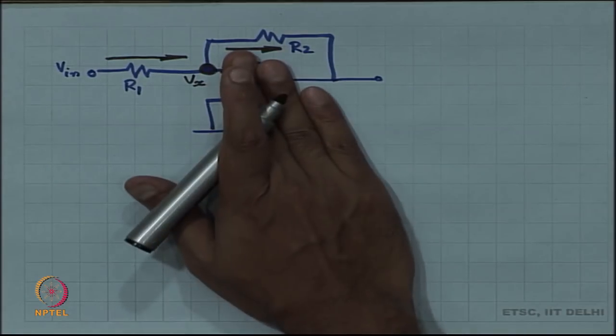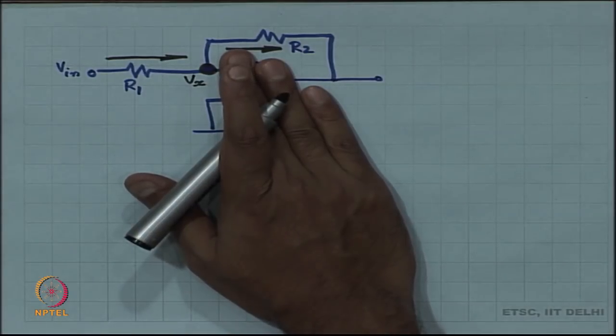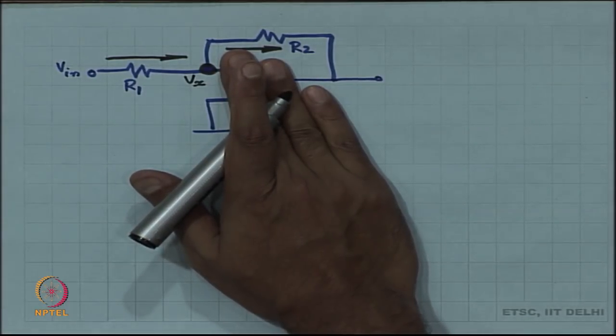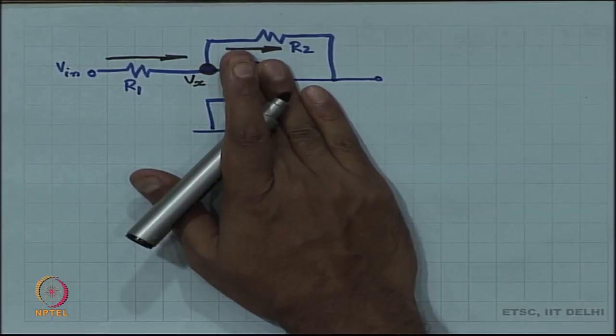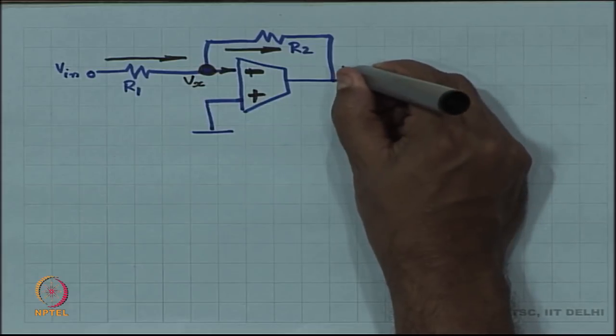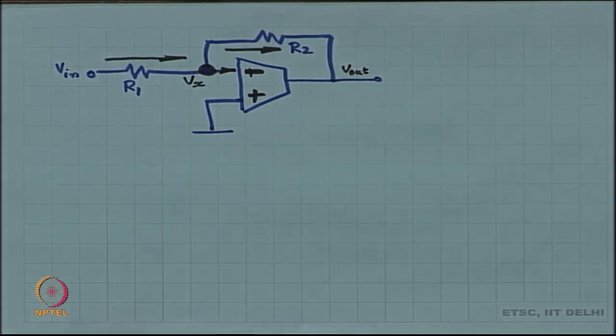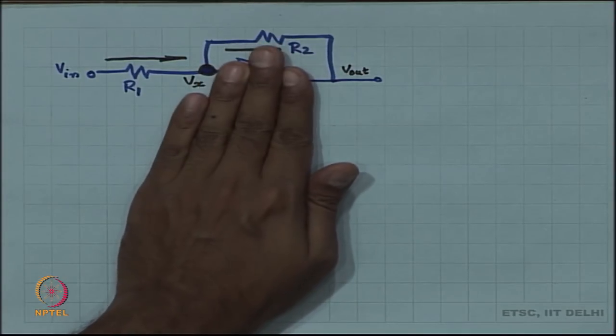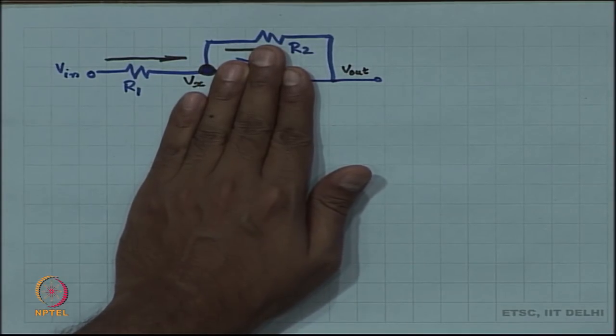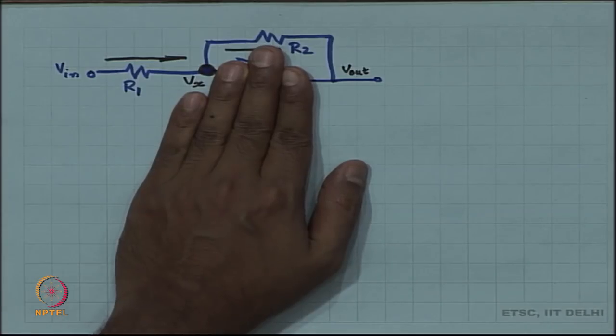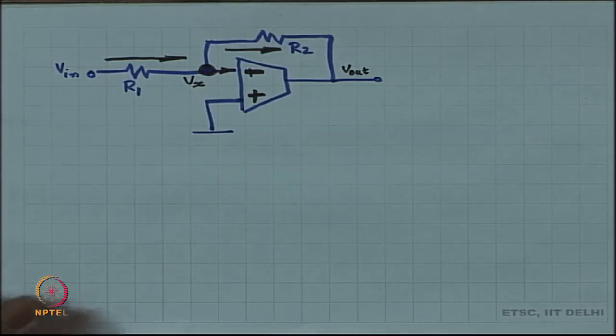Now, imagine this OTA is not there, let us for once throw it out of the circuit, let us not worry about the presence or absence of this OTA. Okay. Let us not worry what is over here, there is something over there clearly, I do not want to know what it is. Can I write some KCL, KVL?